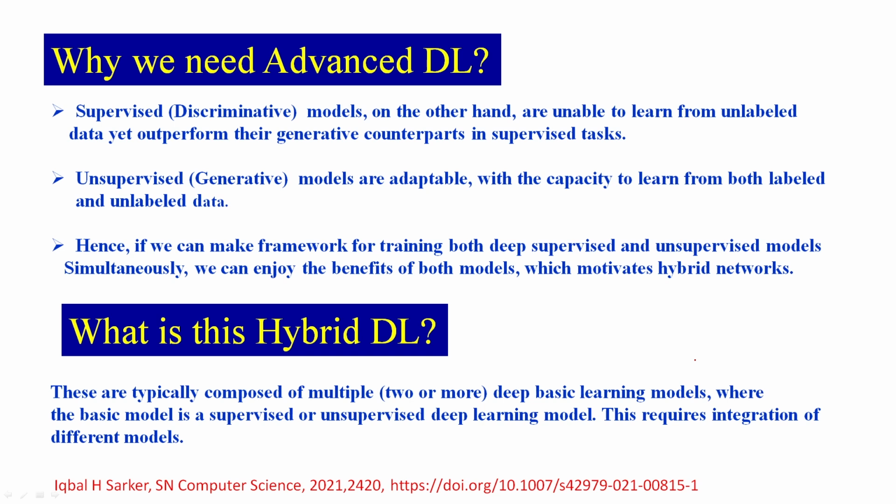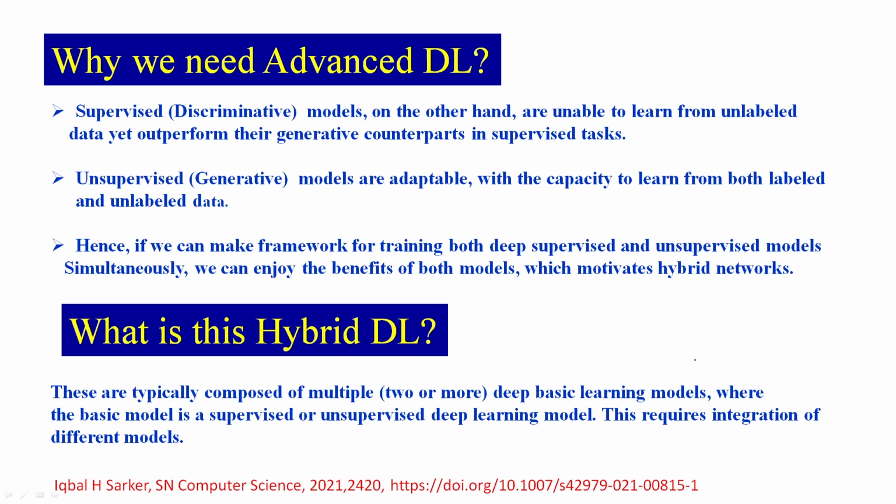On the other hand, unsupervised learning is more adaptable. It has the capacity to learn from both labeled as well as unlabeled data. Basically, it is more useful with unlabeled data. I hope you now know what labeled and unlabeled data are. Hence, if we can make a framework for training both these supervised and unsupervised models simultaneously, we can enjoy the benefits of both models.